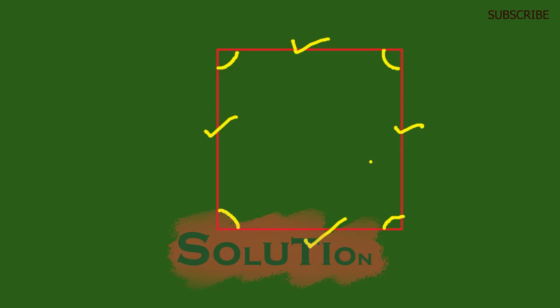So this type of shape is known as a square. Here all the angles are 90 degrees. These are known as squares.